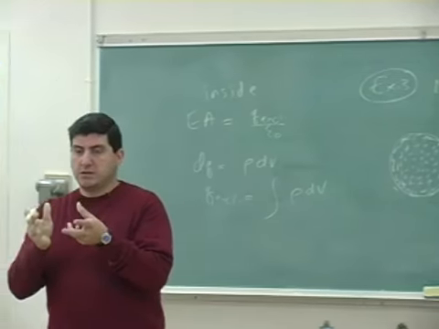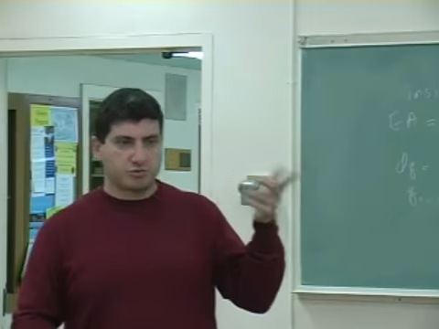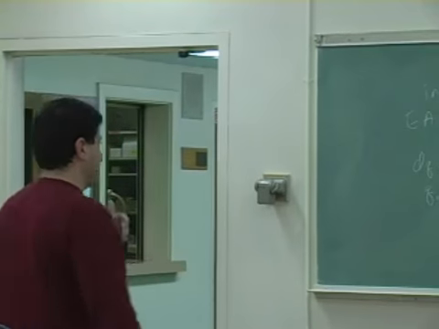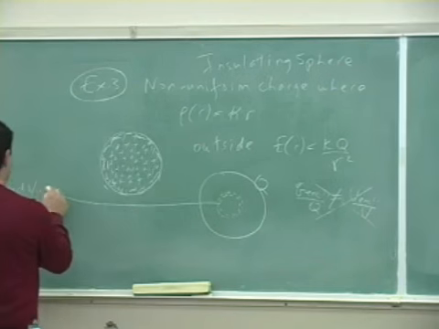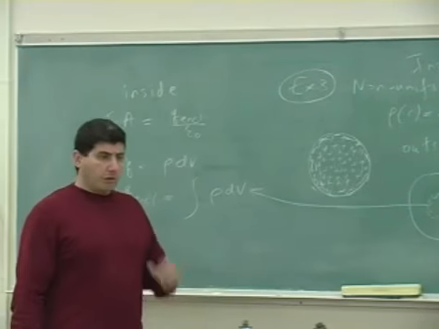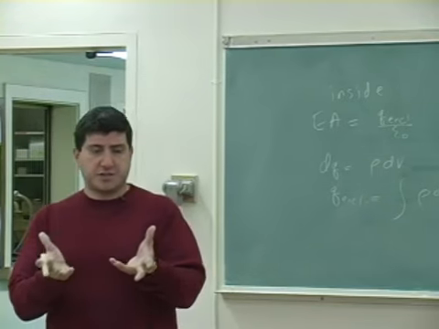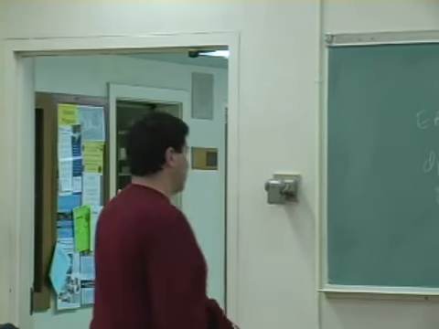So dV is the volume of a spherical shell, and the rho tells me how much charge is included in that shell. What's the volume of a spherical shell? It's 4 pi r squared dr, right? The surface area of the sphere times the thickness of the shell.